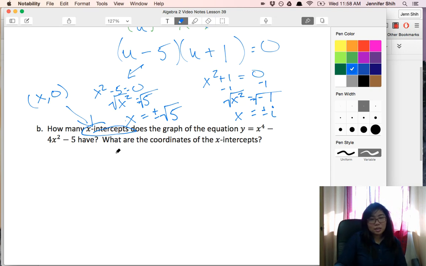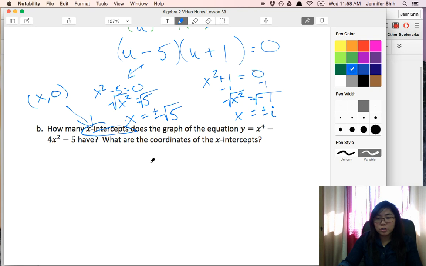The thing is, we've always talked about x-intercepts as being solutions, but now that we're working with complex numbers, the x-intercepts are not always all the solutions. The x-intercepts are going to be, ready for this, the real solutions.